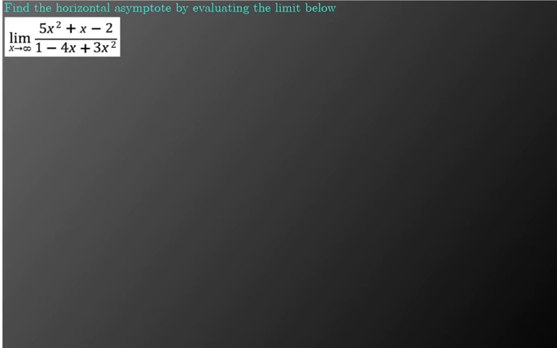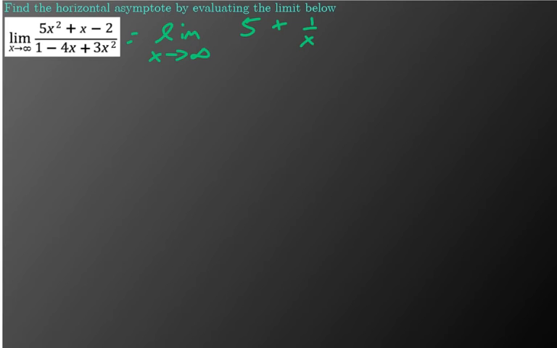So I just want to do another example, same kind of thing, just going through it for a different problem. So the largest power here is x to the power 2. And I'm basically going to just divide everything here by that, which won't change the overall expression value, right? So if I do 5x squared divided by x squared, that would just be 5. And then x divided by x squared would be 1 over x.